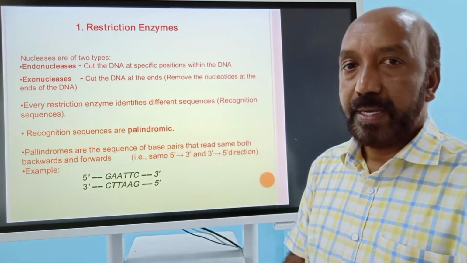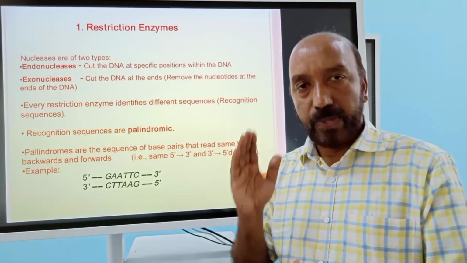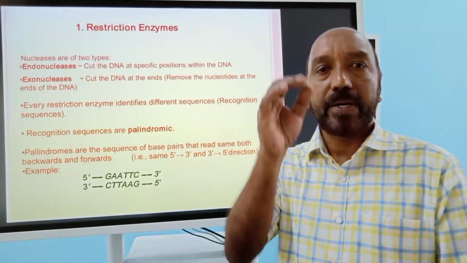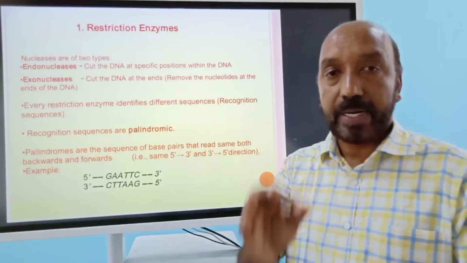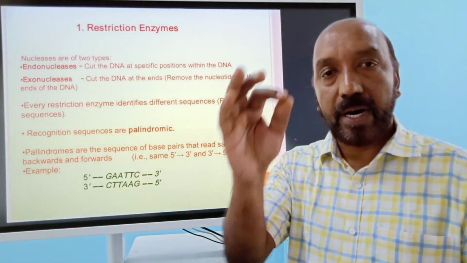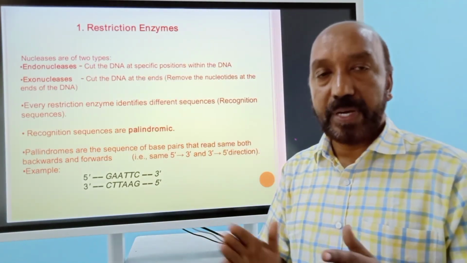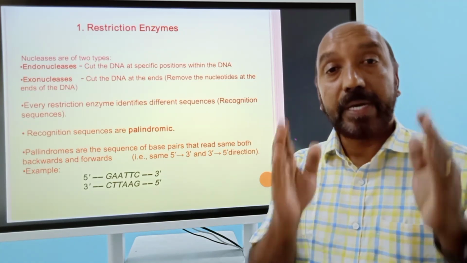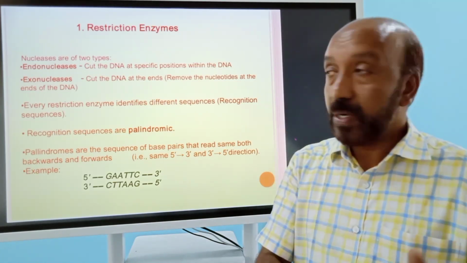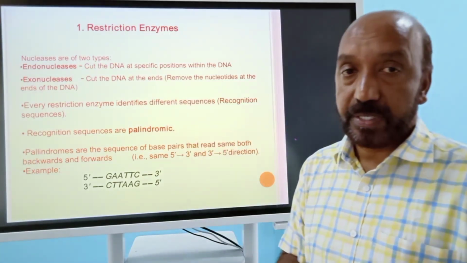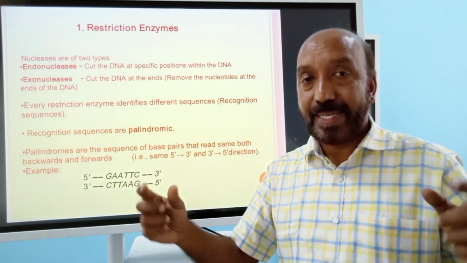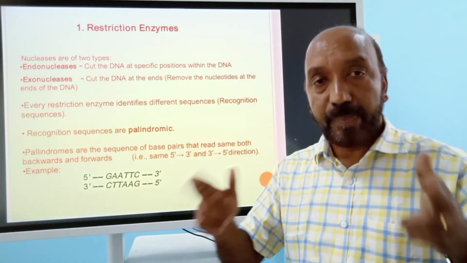Chemically, these restriction nucleases are nucleases, enzymes which can cut or cleave genetic material, either RNA or DNA. And the nucleases are of two types based on their activity. They are called endonucleases and exonucleases. The function of the nuclease is to cut the DNA or the genetic material.